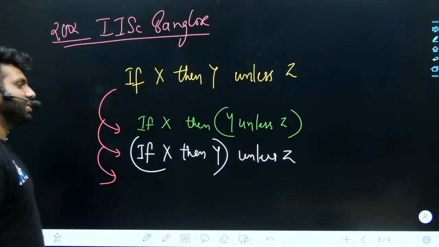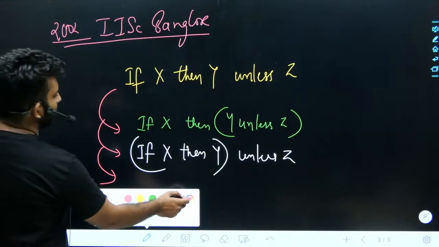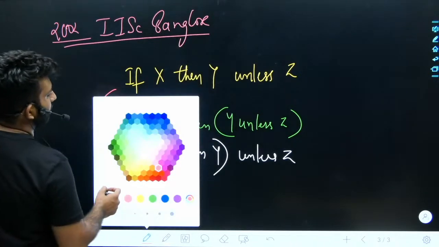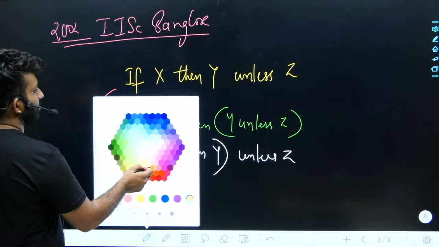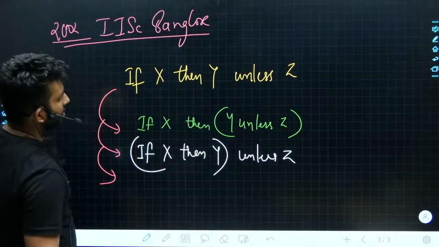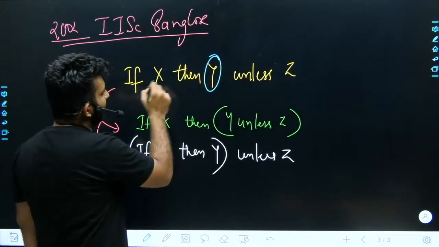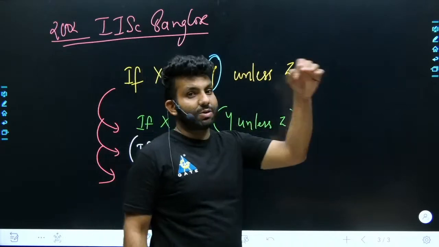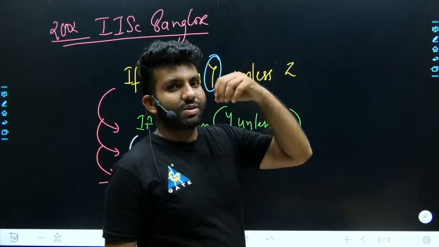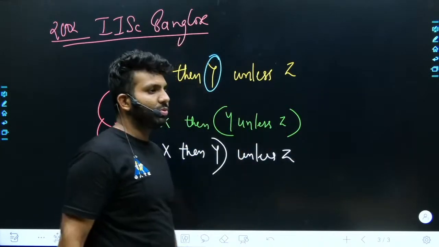Or what can be the other scenario? Understand this, it is very important, that for this condition to take place, this Y is the situation. If X then Y: if X is satisfied, then Y will happen unless Z. That means till Z is not there, Y will be able to happen.